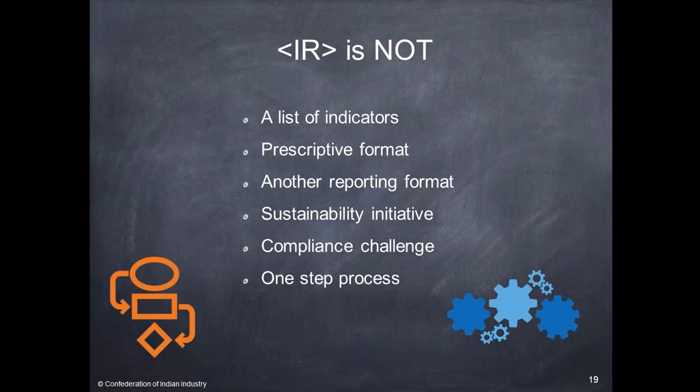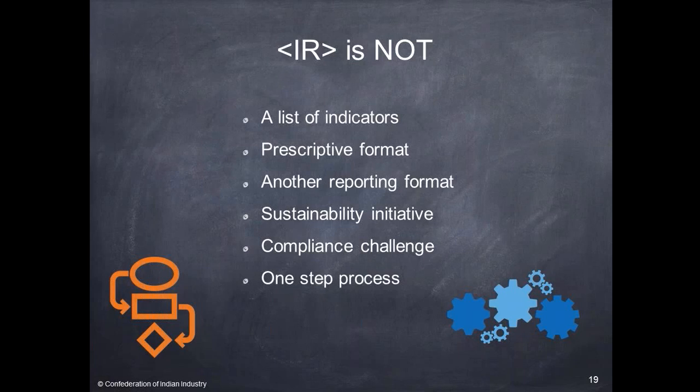And the last piece of what IR is not is it's not a one-step process. Again, we're asked very frequently, I want to do an IR next year, and give us a list, and we'll go through the list and we'll be compliant next year. First of all, there is no compliance. Second, it's not a one-step process. It involves some internal changes through the thinking part of it, some process changes, and then you see the report at the end.